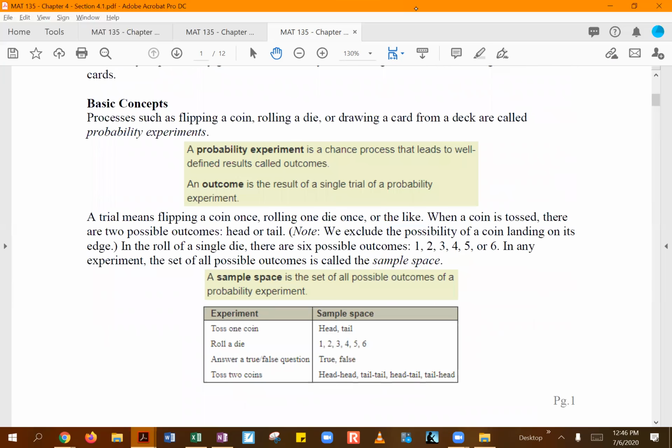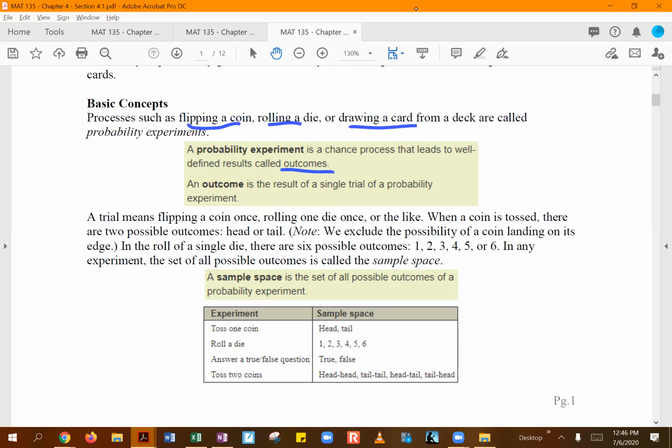So they're talking about processes such as flipping a coin, rolling a die, or drawing a card from a deck, which are what we call probability experiments.